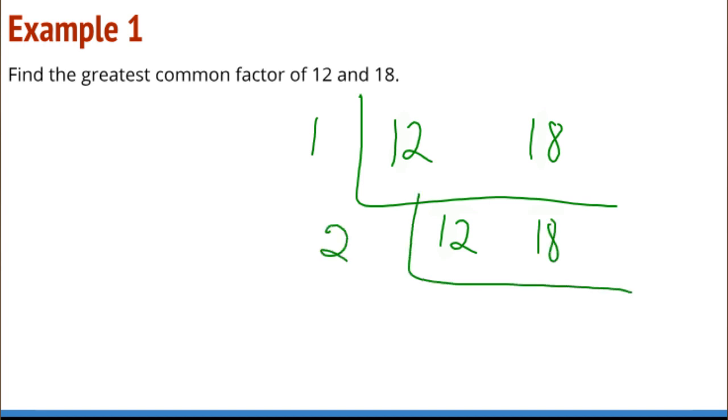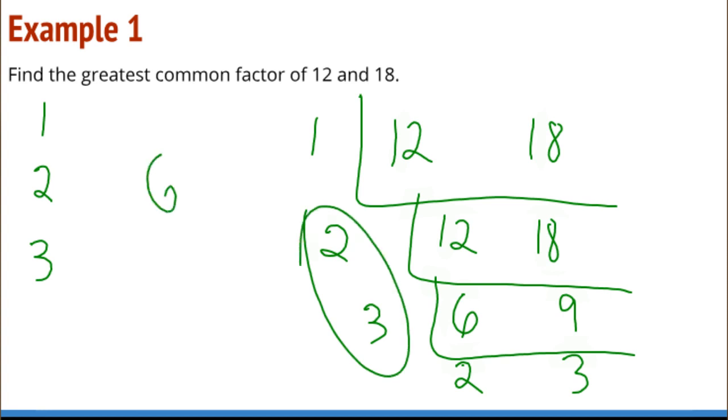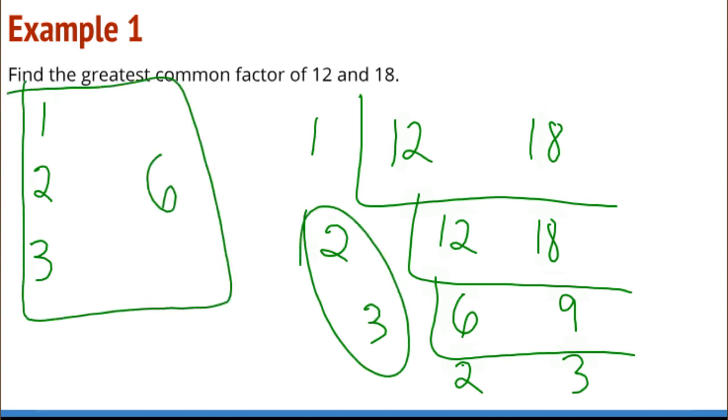I can divide them both by 2, and I have 6 and 9. And I can divide them both by 3, and I will have 2 and 3. So you'll remember we had 1, 2, and 3, and then we also had 6 were the common factors of 12 and 18. And 6 is the greatest of these common factors.